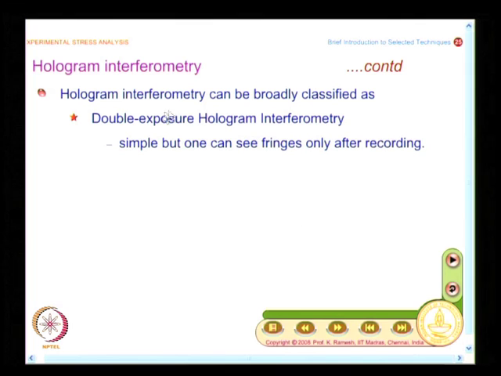In photoelasticity, we could see the fringes as the model was loaded. The similar thing was there in Moire: when I move the gratings relative to each other, I start seeing fringes. I did not need two exposures to see the fringes. So, double exposure hologram interferometry is simple, but one can see fringes only after recording.